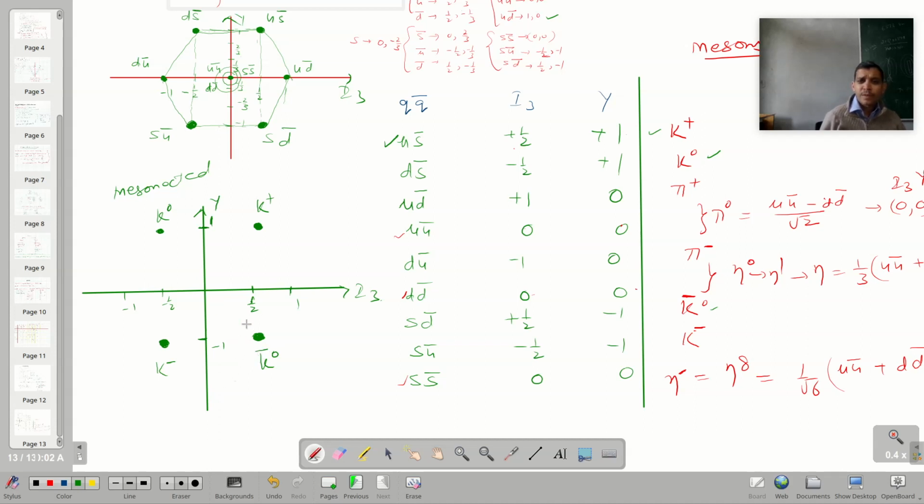Now this is the pi plus, so pi plus will be here. This point is representing pi plus, and this point is representing pi minus, because pi minus is basically d u bar.